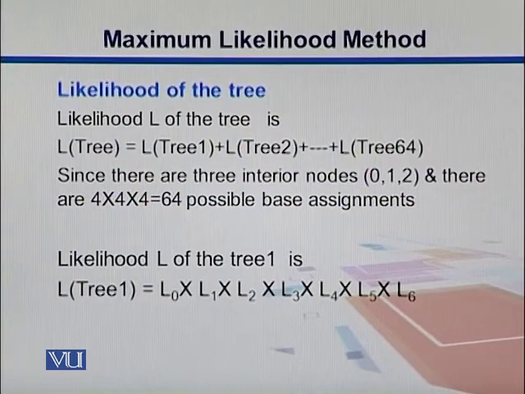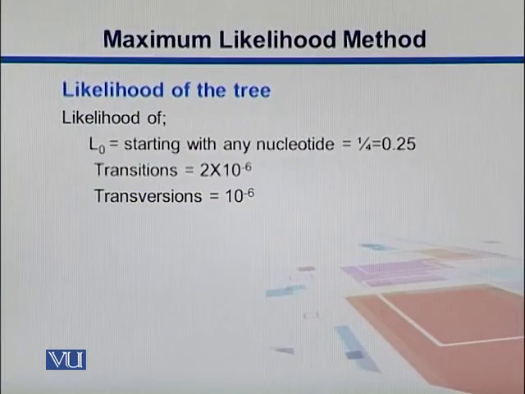How can we calculate the likelihood of tree 1? It is given by all the likelihoods present in that tree. We can take their product, or we can use a log scale, in which case we add up the log values. L0 is the likelihood of starting with any nucleotide, so we can start with any one of A, T, G or C. So it is 1/4, or 0.25. The likelihood for transitions is 2 times 10 to the power minus 6, whereas for transversions it is 10 to the power minus 6.